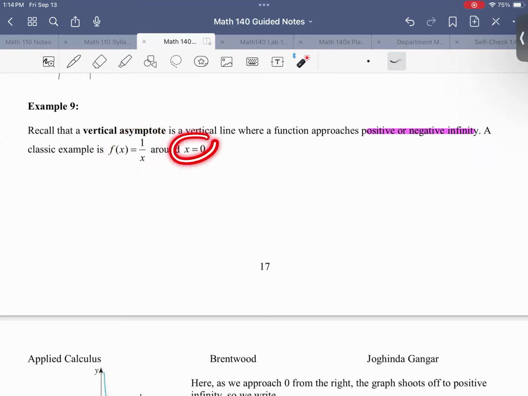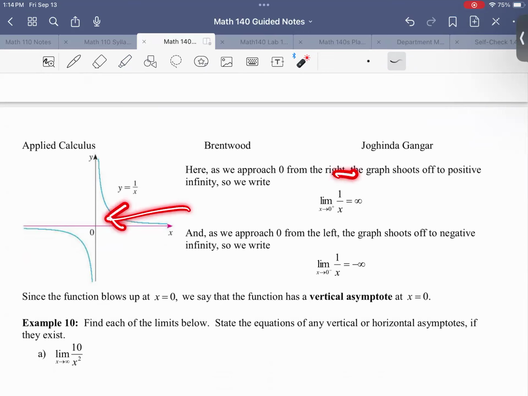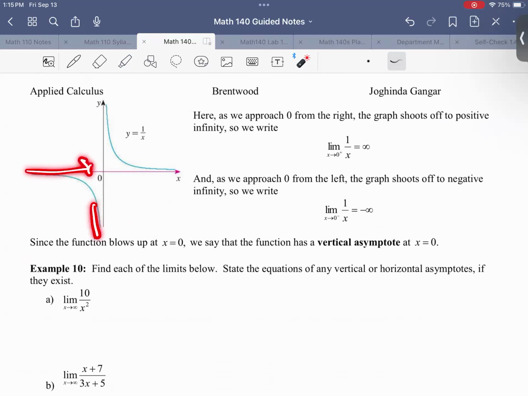We were checking around x equals 0. So here's the graph again. As we approach 0 from the right, the graph shoots off to positive infinity, so we would write equals infinity. And likewise, as we approach 0 from the left, it shoots off to negative infinity, so we would write the limit is negative infinity from the left.